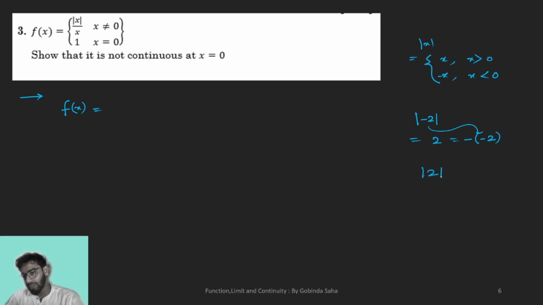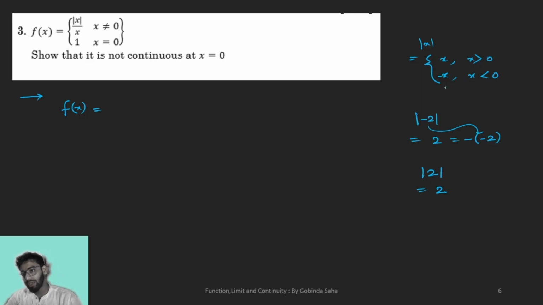But if it is positive x, then it is exactly going to give you x. So that's why I've written if x is greater than 0, it is a positive quantity, so the absolute value of x is going to be x, and if x is negative, then it is going to be the negative of x.